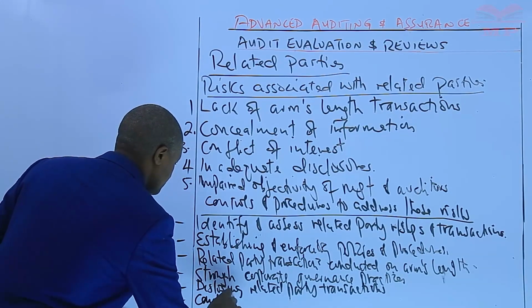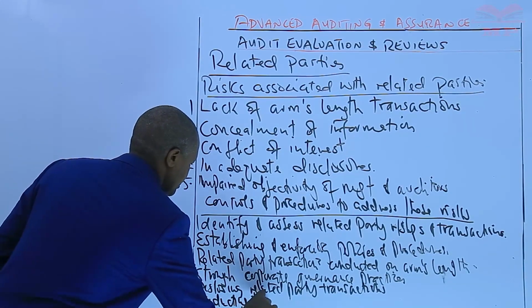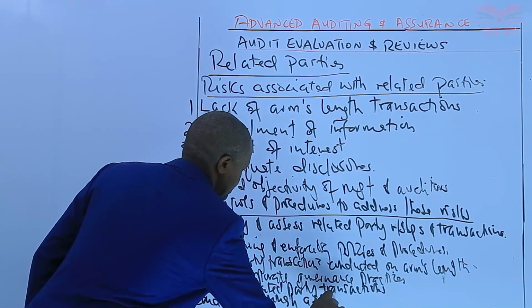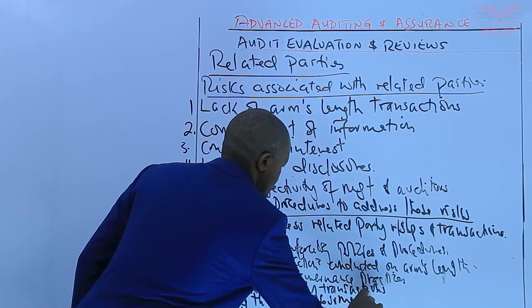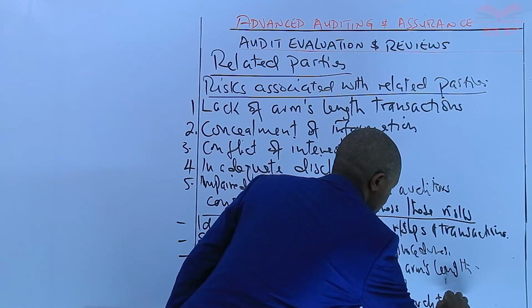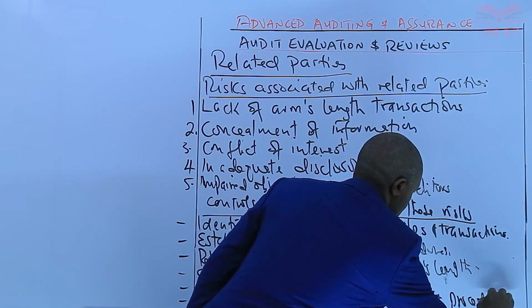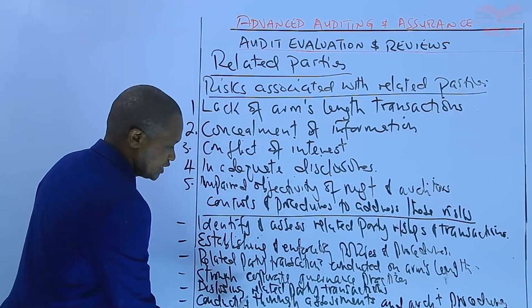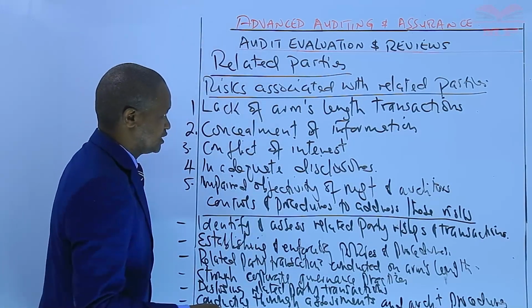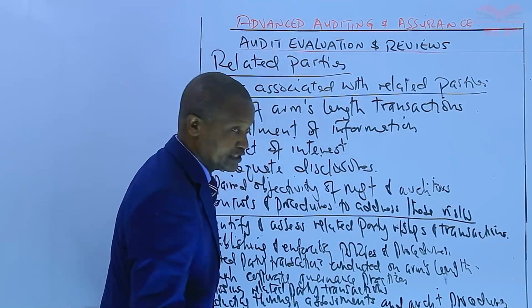Conducting thorough assessments and audit procedures is another way to mitigate against risks associated with related parties.